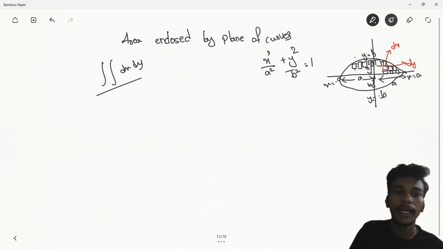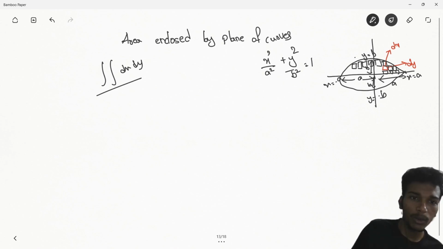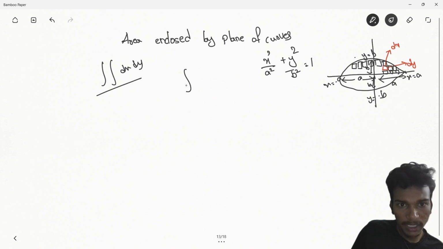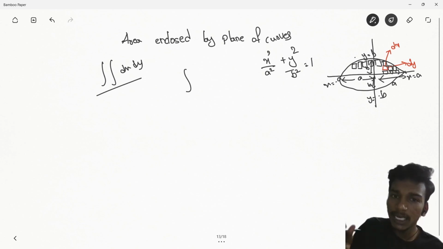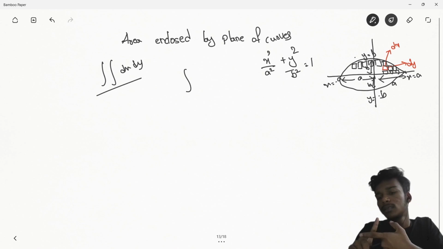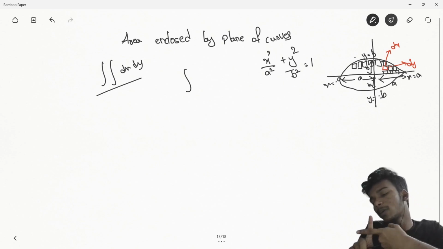This is the analogy behind finding the area of a curve by using double integral. Simply, integration means summation, right? If you are going to take a single integral, I'm going to summate things along a single curve in a single direction. If I'm going to take a double integral, then I'm considering two axes, perpendicular to each other.